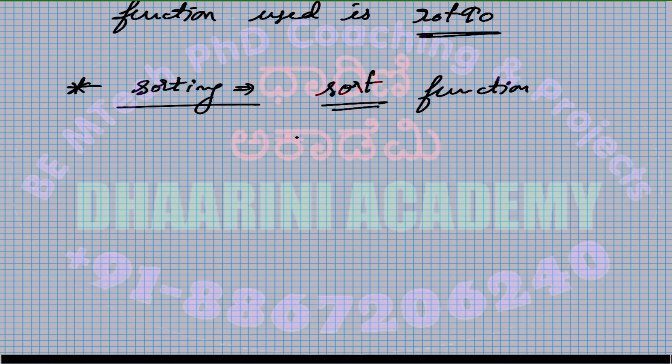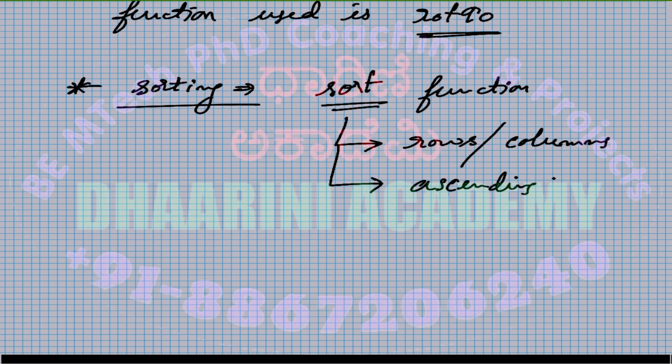You can apply it to sort the rows or columns of a matrix, and you can perform the sorting in ascending or descending order. These are the options we have.